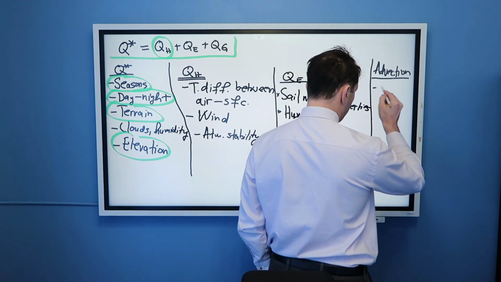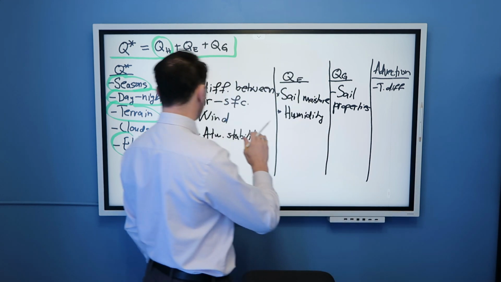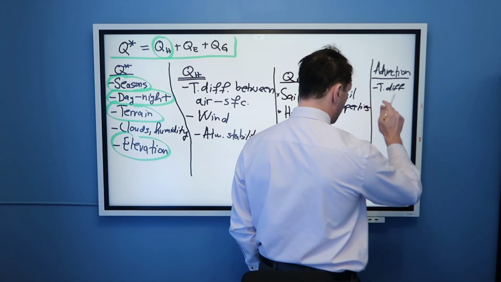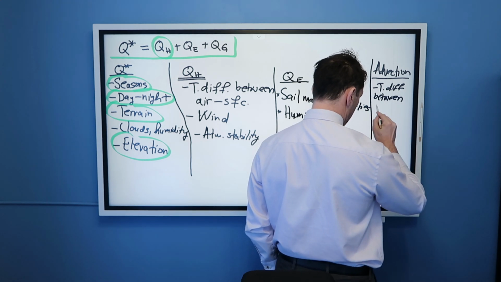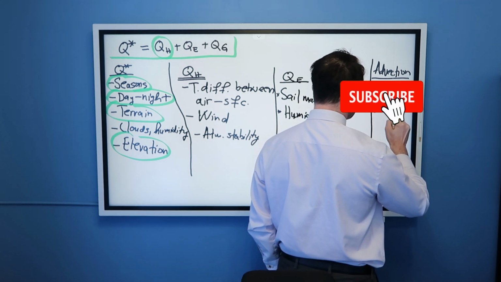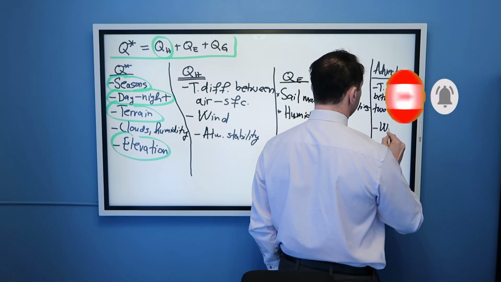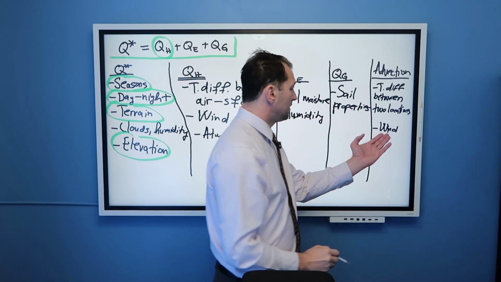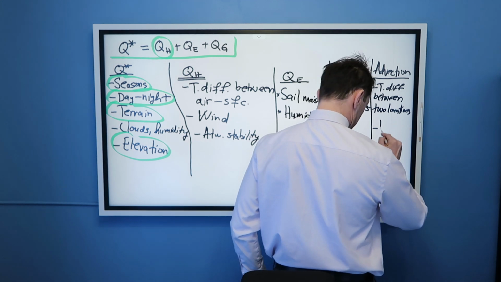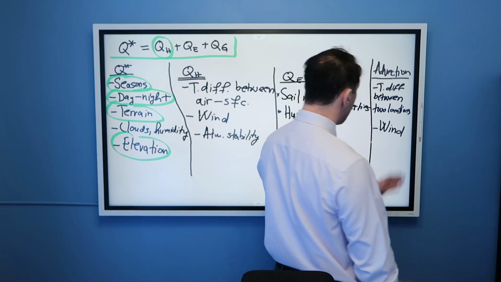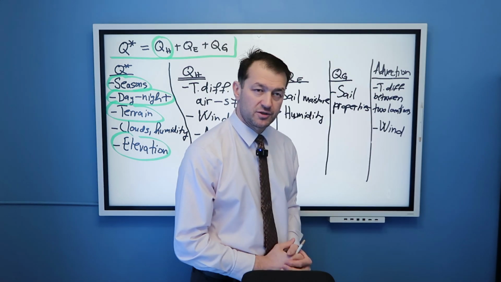So advection depends on temperature differences, but not between air and the surface, but temperature differences between two locations, and wind. And the larger the wind speed and the larger the temperature difference between two locations, the larger the advection.